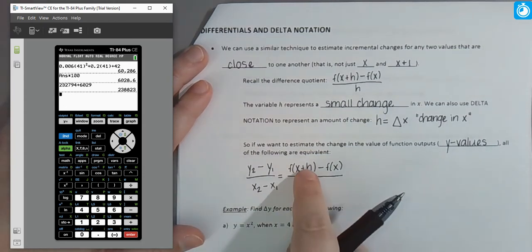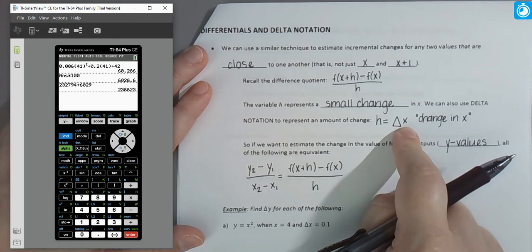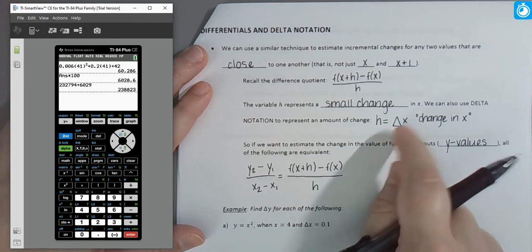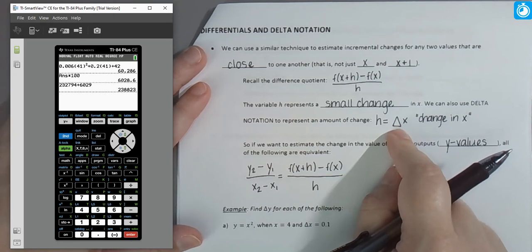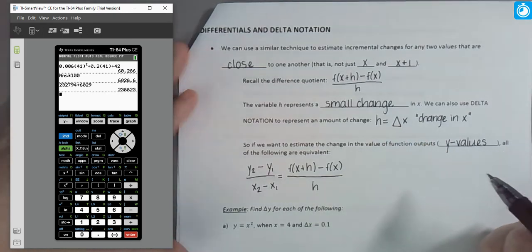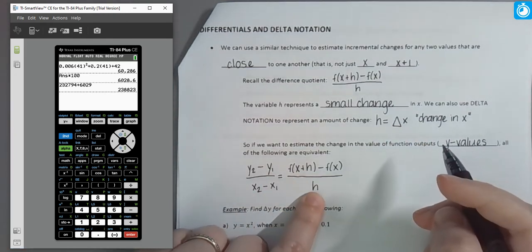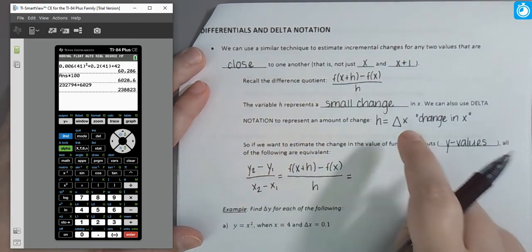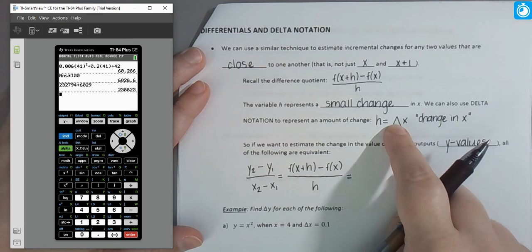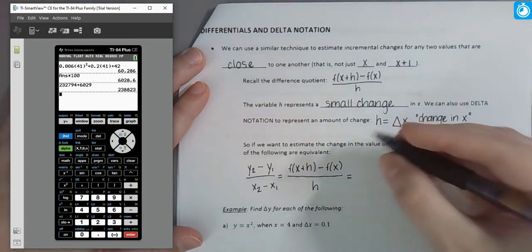Well, if instead of h, we use this new notation, this delta notation, which is a way of saying change. You probably see this if you've ever taken a chemistry class. You've probably seen this delta before. Wherever we see an h, we could write a delta x instead, which again just represents how much we're changing to go from one x value to another.